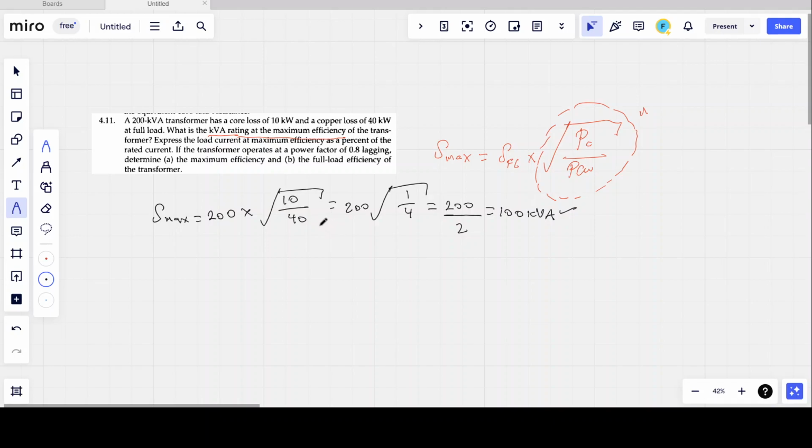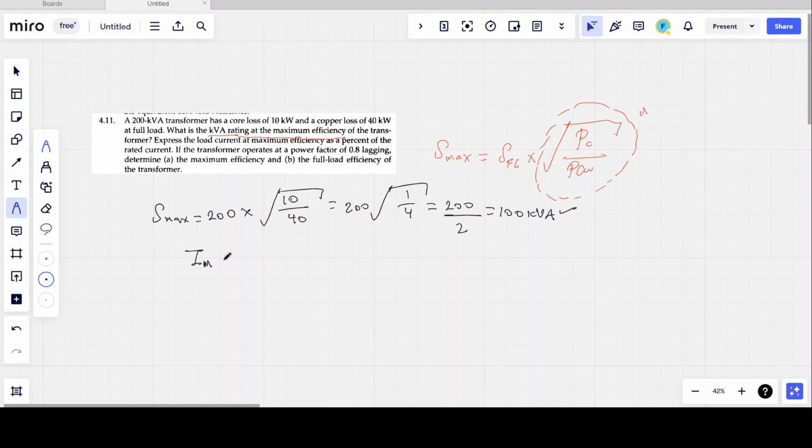So now we know the S max. And now that we know the S max, what else can we find here? They say express the load current at maximum efficiency as a percentage of the rated current. So the load current at maximum efficiency, you can just call it I max, right?